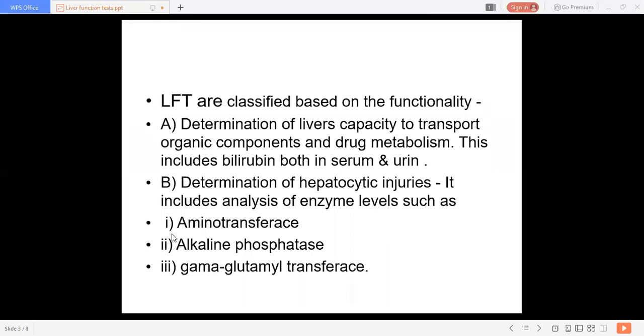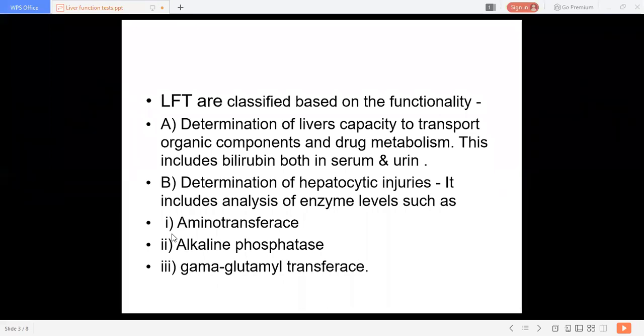Now, AST is present in a wide number of tissues like heart, kidneys, brain, and liver. So AST indicates injury to those organs also, not only the liver.